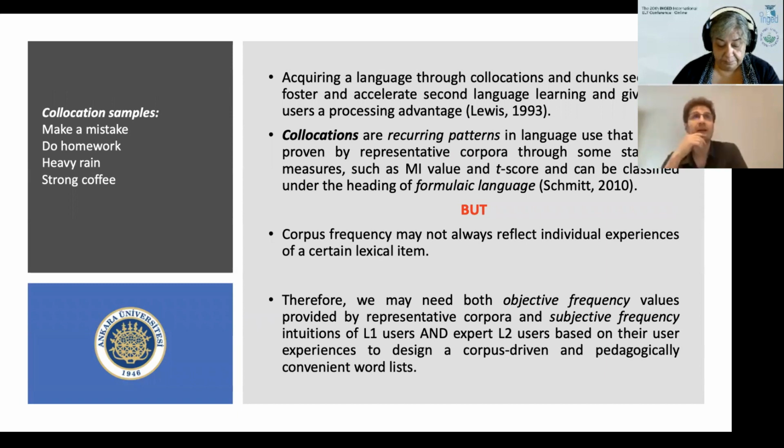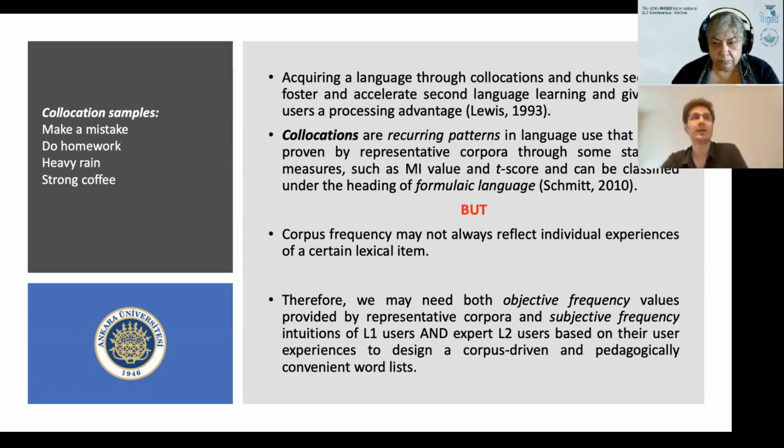So acquiring a language through collocations and chunks seems to foster and accelerate second language learning, and it gives us a processing advantage, according to Lewis. And we know that collocations are recurring patterns in language use, and we can prove that by referring to corpora and using some statistical measures like mutual information and T-score, and we can classify them under the heading of formulaic language, according to Schmitt.